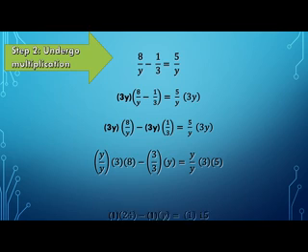Simplify: 1 times 24 minus 1 times y is equal to 1 times 15. It is also the same as writing 24 minus y is equal to 15.